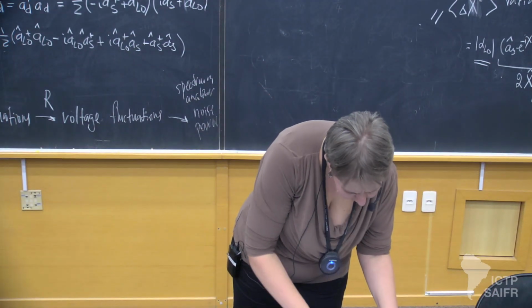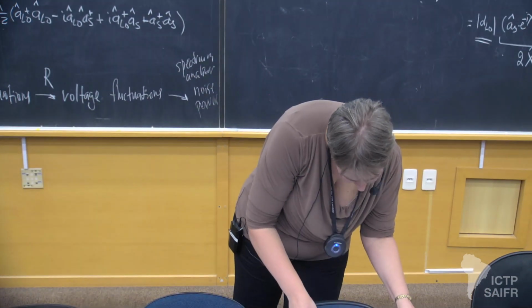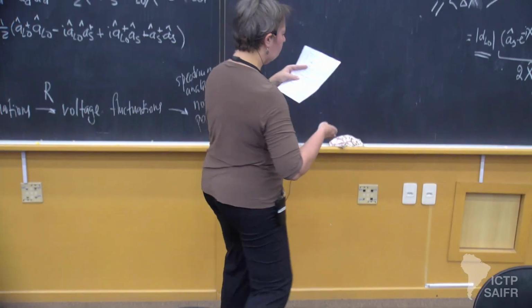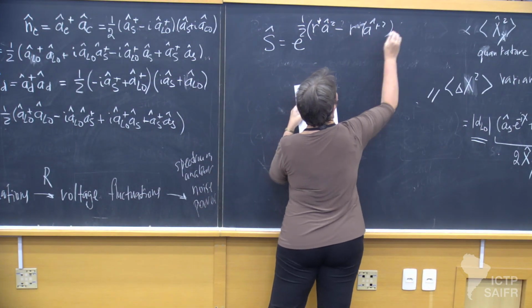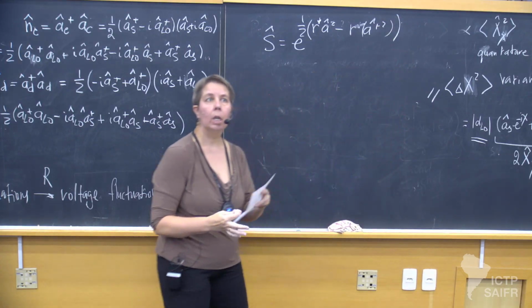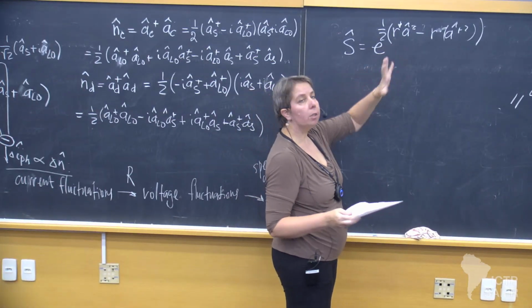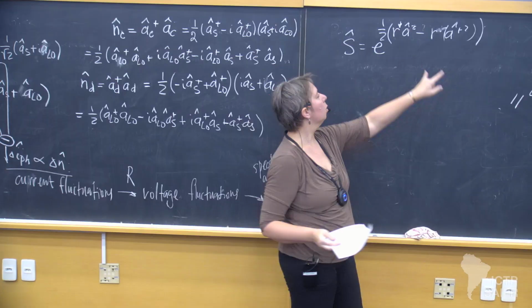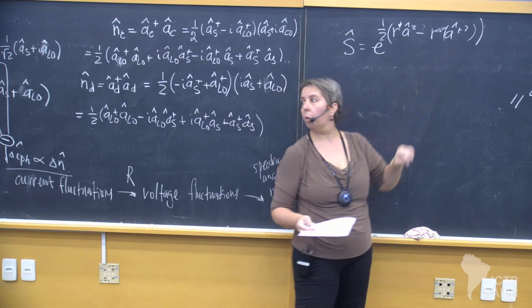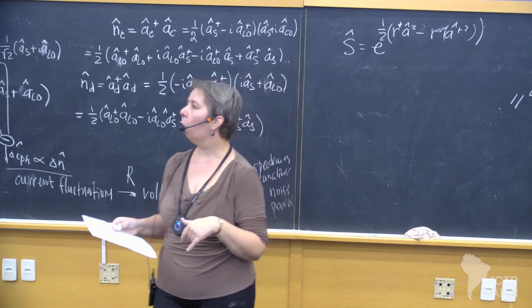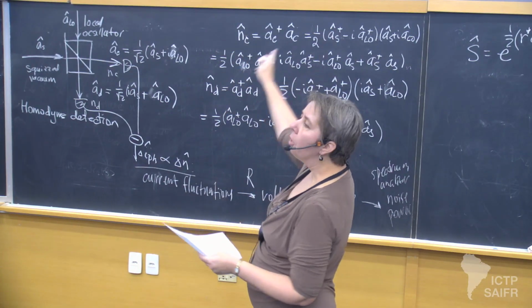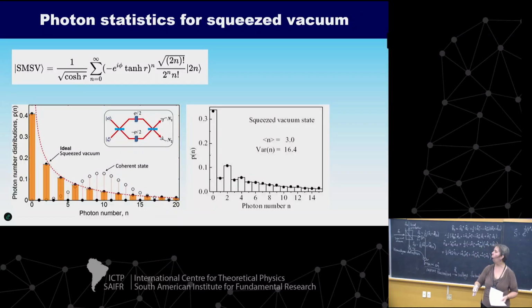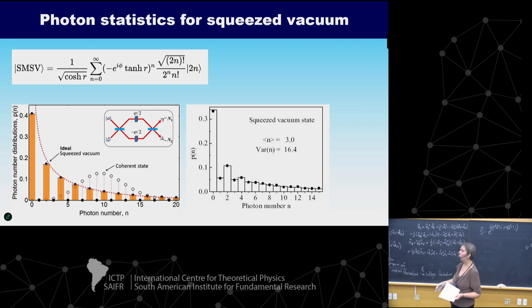But anyway, it looks something like this. Yes, so it's 1/2 and star over here. Okay. And you can see, so basically, if we start with the vacuum state, which has no photons, squeezing operator will be adding or removing the photons only in pairs. So that's why we will have the interesting states which has no 1 photon, no 3 photons, no 5 photons. So that will give us ideal squeezed state.